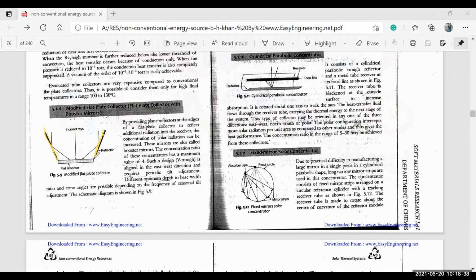This is a flat plate absorbing all the rays, and the rays falling in this particular direction or this one are also reflected and absorbed. So it increases the efficiency. This is a small modification made for the flat plates.